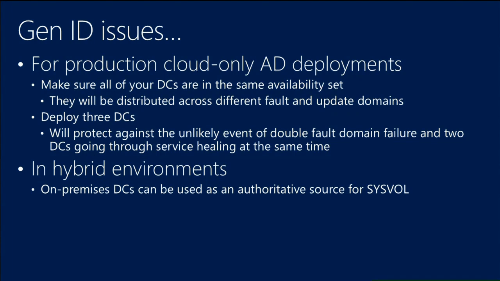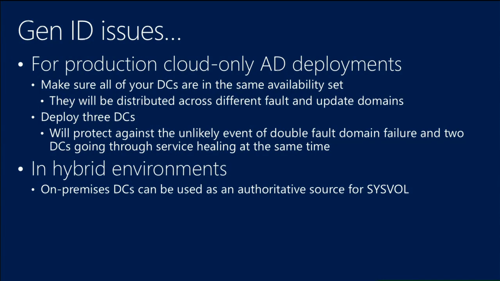A fault domain is effectively a rack, because a rack could lose its power, it could lose the switch at the top, right? And an update domain is they split up and they say, we'll update this one, we'll get that updated, and 10 minutes later, we'll update the next one. So if you're distributed across update domains, then it guarantees that you will have availability.